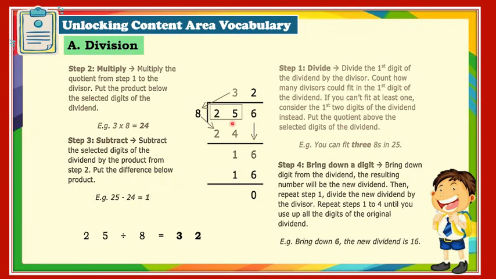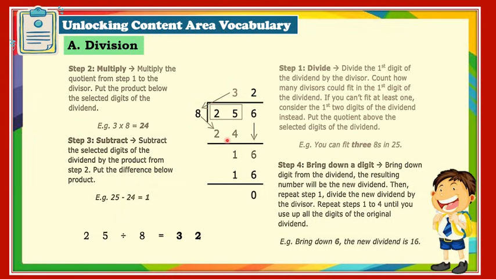Put the quotient above the selected digits of the dividend. So 25 divided by 8, the answer is 3. Then step 2, multiply. 3 times 8 is 24. Multiply the quotient from step 1 by the divisor. Put the product below the selected digits of the dividend.